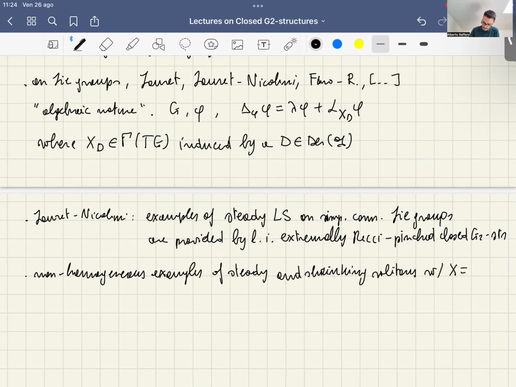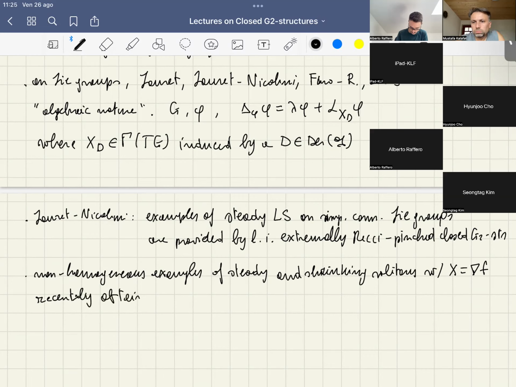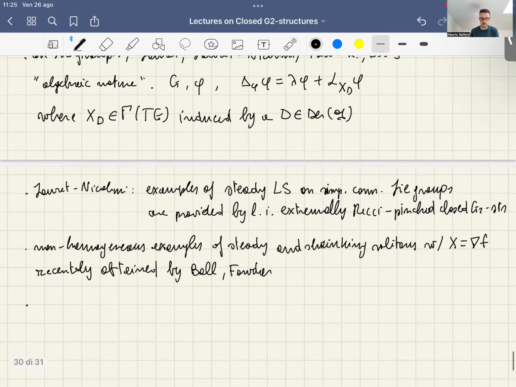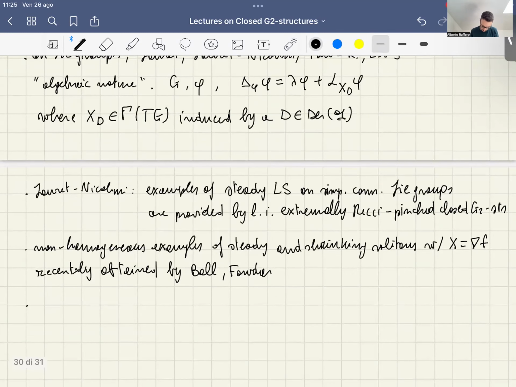So with X equal to the gradient of some function f, so these are of gradient type, and that were recently obtained by Ball and Fowdar. And even more recently, so I think these papers go back to 2020, if you would like to have a look at them.